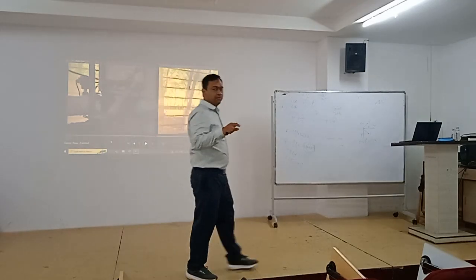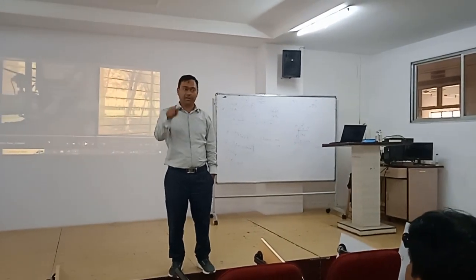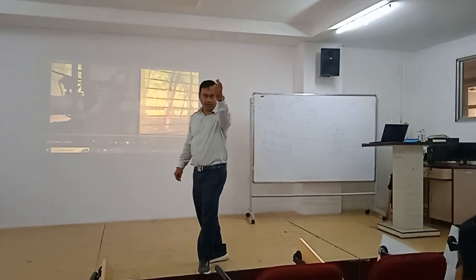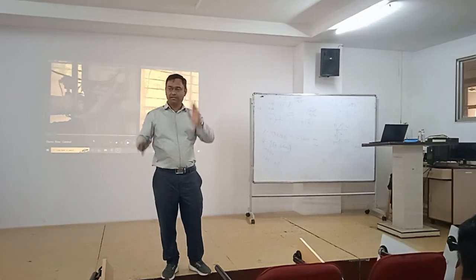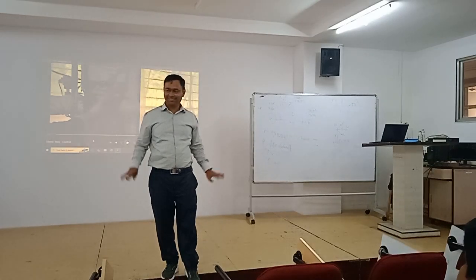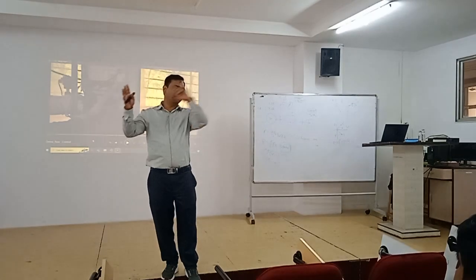So ultimately, whatever we set, the system is working in closed loop, and the control system will put in all its effort to maintain output same as that of input.